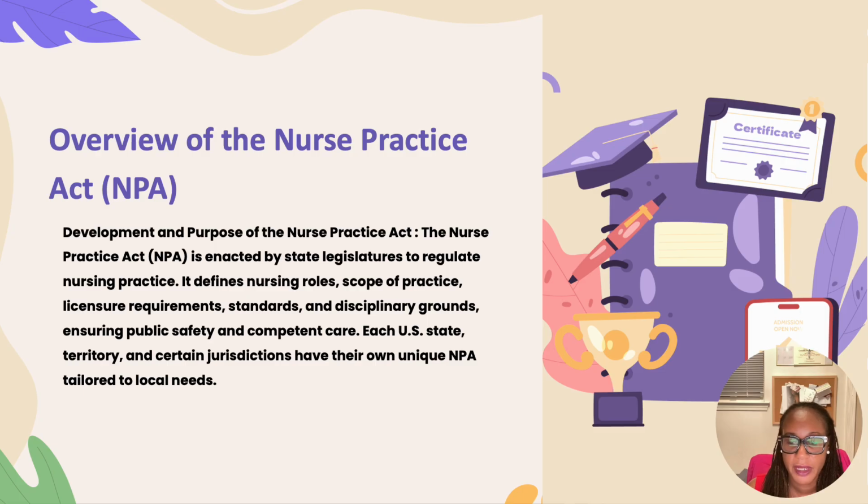License requirements such as education, exam, and renewals, standards of conduct and professional behavior, grounds for disciplinary action, responsibilities and powers of the State Board of Nursing, and of course continuing education requirements.